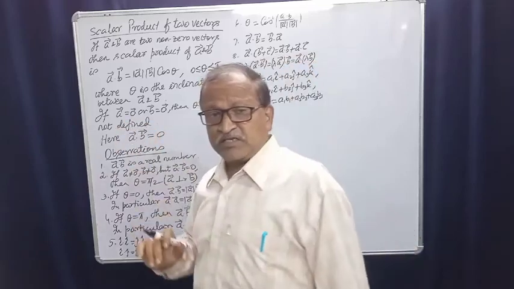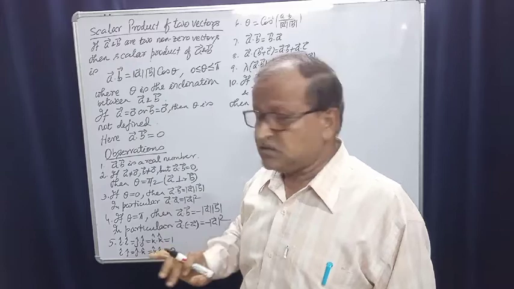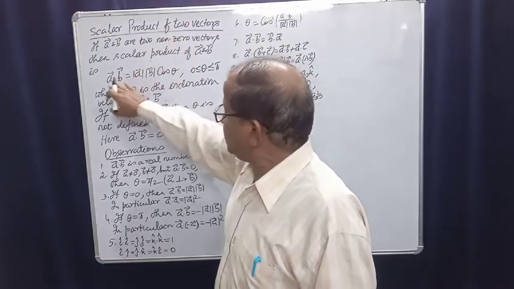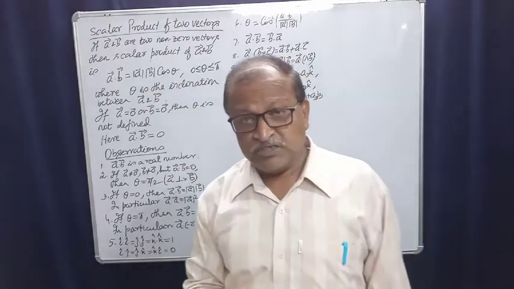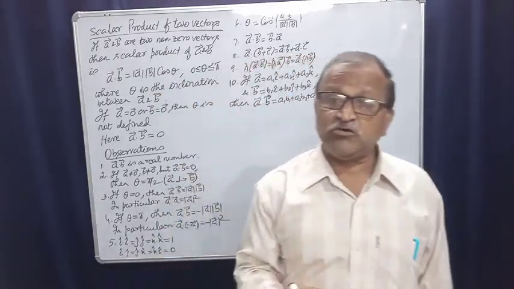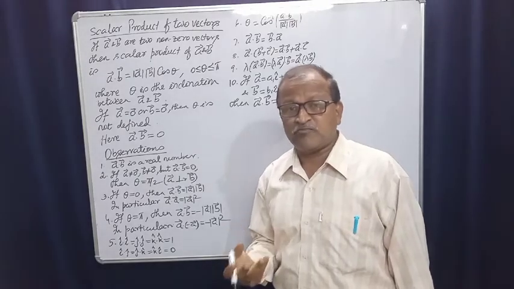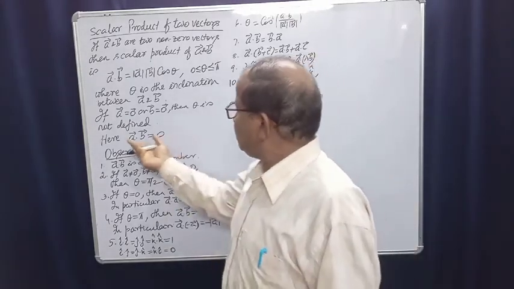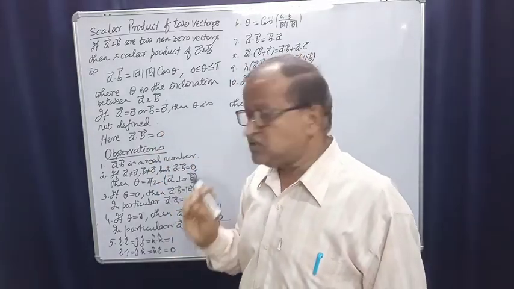Special case. We have taken A and B as non-zero vectors. If A and B are non-zero vectors, then A dot B is this. The question arises: if either A is equal to 0 or B is equal to 0 or both are 0, what will be the dot product? It is defined like this: A dot B must be 0.